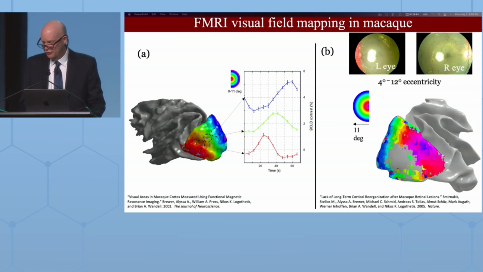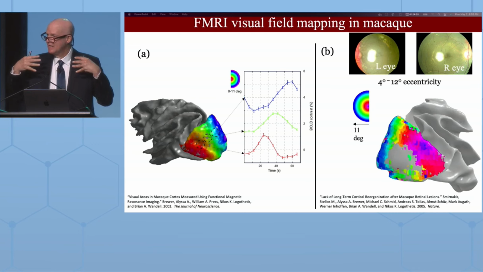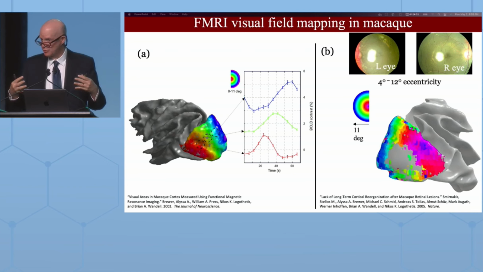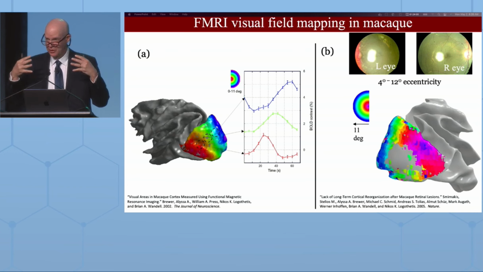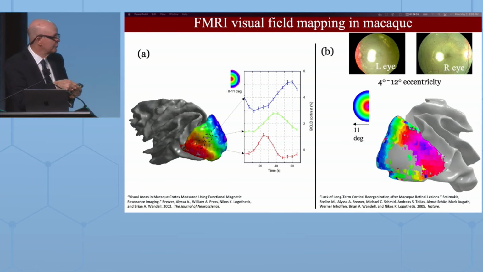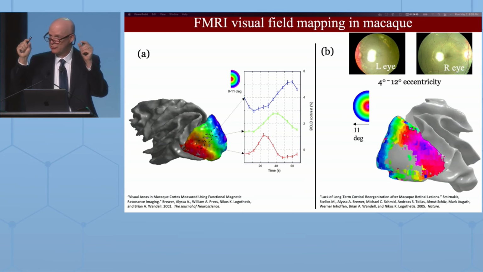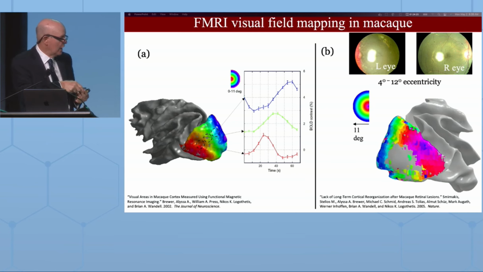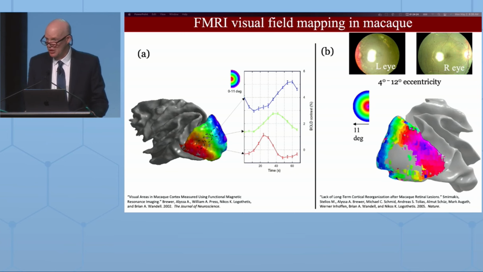And then Stelios went on to try to understand the plasticity, this time in the adult macaque. So these were not developing cases, these were fully grown macaques, and what he did was introduce a lesion into both the left and the right eye, and so those corresponding parts in the typical eye will project into a zone in the macaque primary visual cortex called the lesion projection zone.